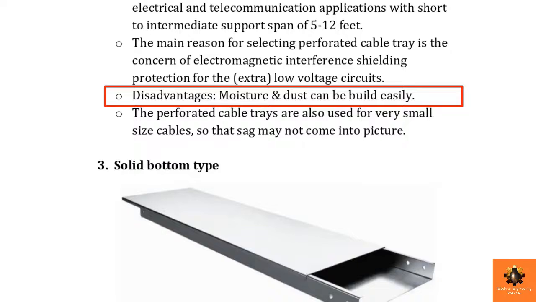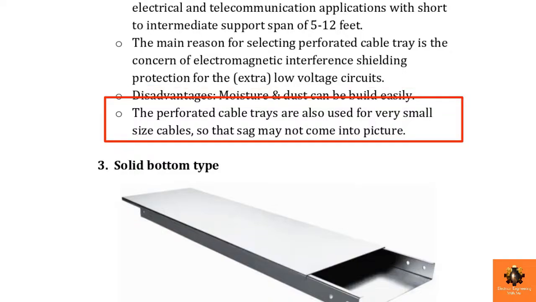But these cable trays are especially used to overcome sag. These perforated cable trays are especially used to overcome sag. Clear? It means perforated cable trays are used for small size cables, so sag may not come into the picture.